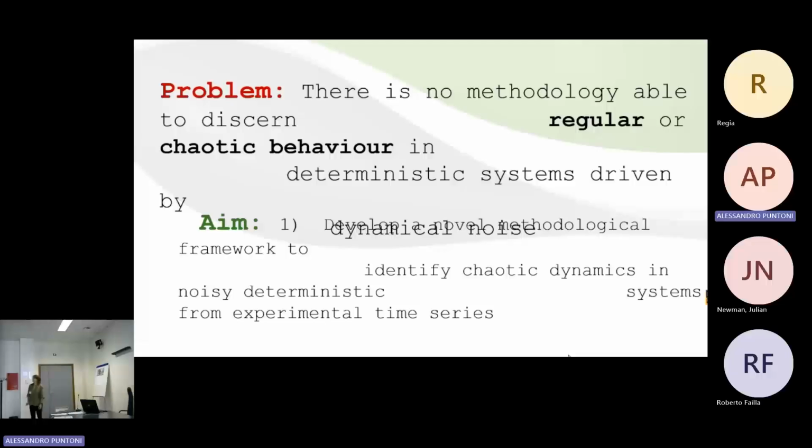And our second aim is to apply this methodology to real heart rate variability time series to determine whether the cardiovascular system is regular or chaotic. So in the next slides, I show my methodology.